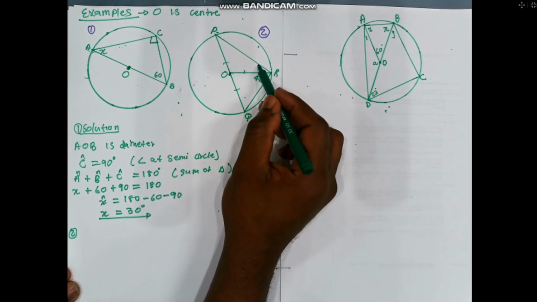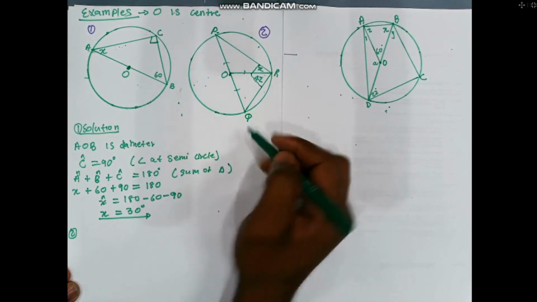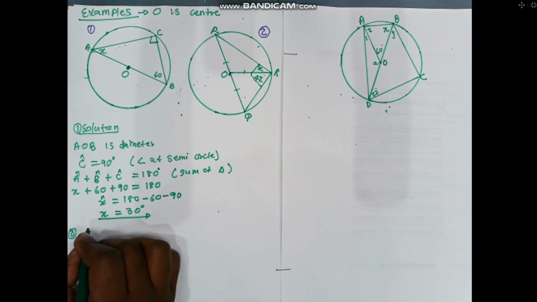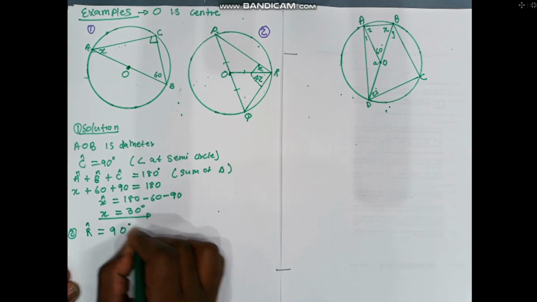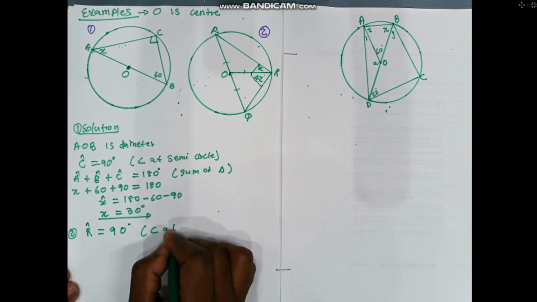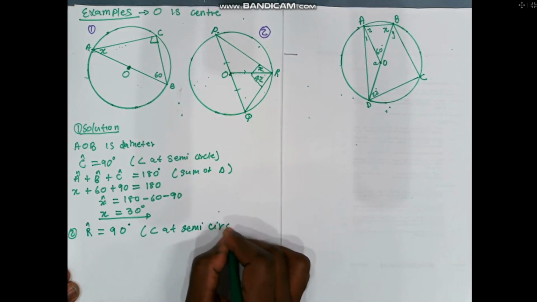Then facing this one. Now this angle subtends this diameter, so the angle is equal to what? 90 degrees. Why? Because the angle at the semicircle.